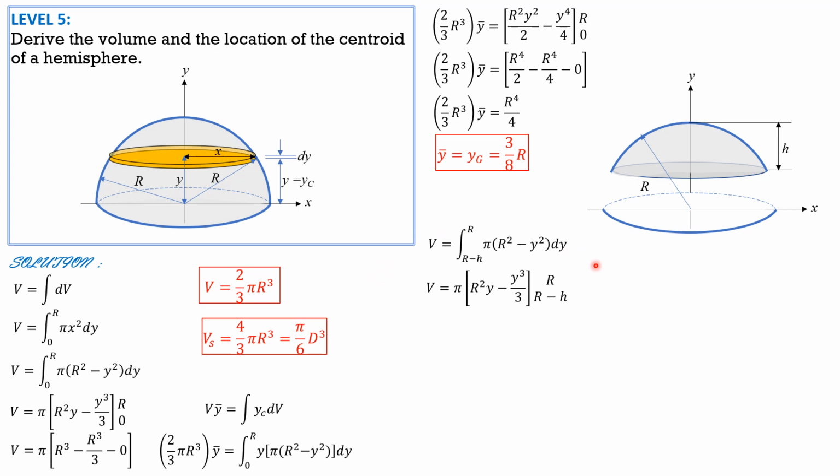So distribute. Volume equals pi. The first term is R squared y.